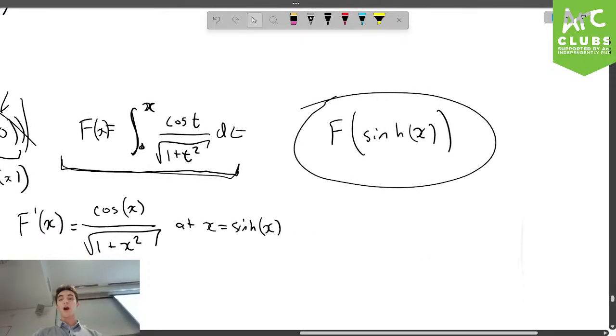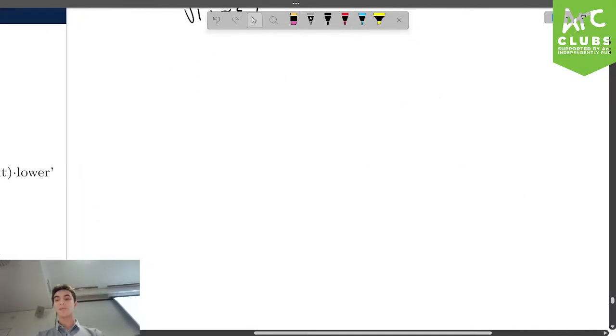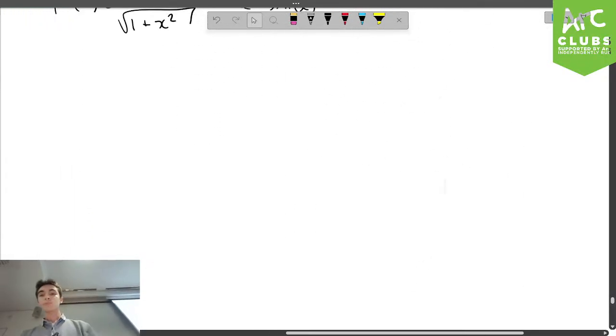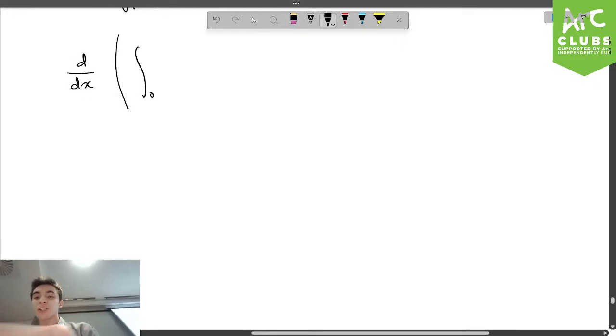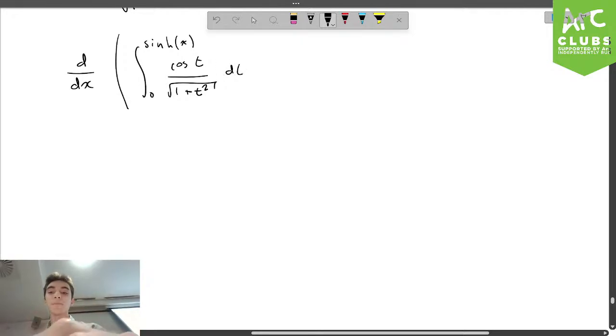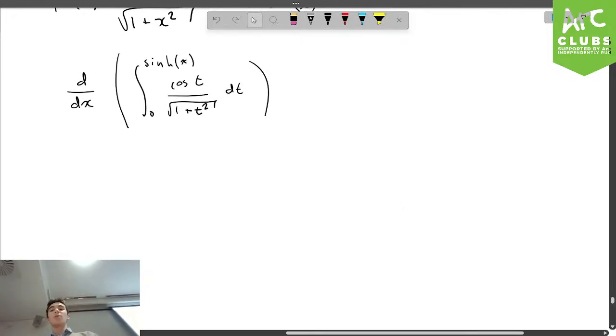Okay, so I'll write it out for you because the page is getting a bit messy. So here is our question: find the derivative of this function, and our function is defined to be the integral from 0 to hyperbolic sine of x of cosine t over 1 plus t squared dt. This is what we're looking for.